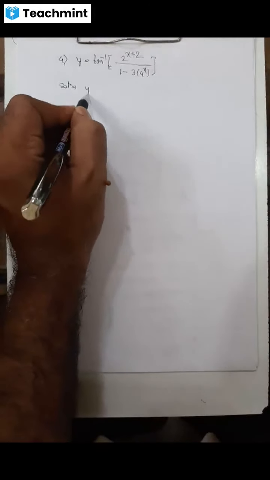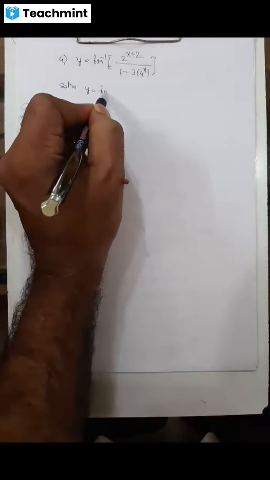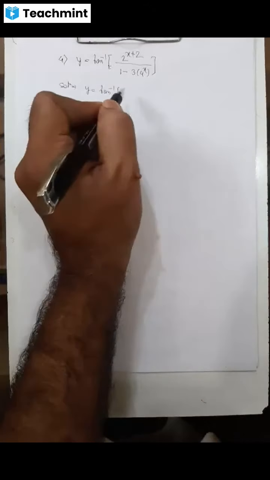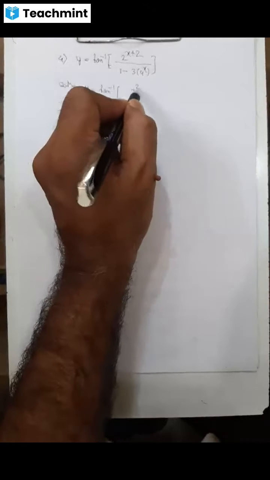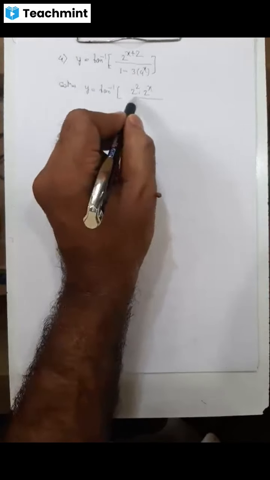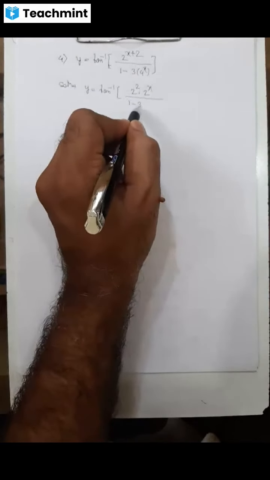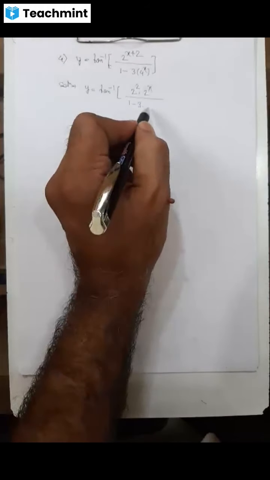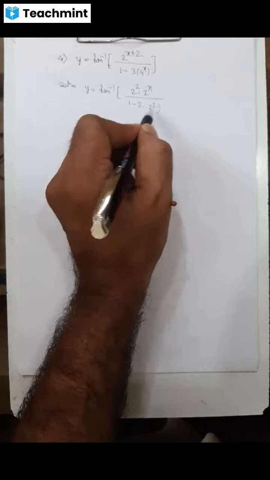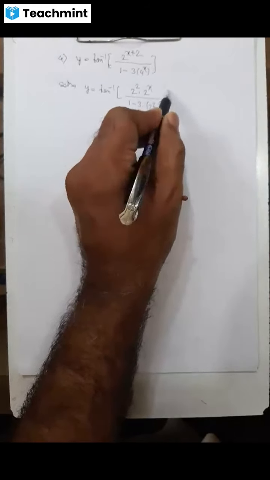Solution: y equal to tan inverse in bracket 2 to the power x plus 2 can be written 2 to the power 2 into 2 to the power x, base same, sum of indices. In denominator 1 minus 3, 4 to the power x can be written, 4 means we can write 2 square its power x, right?